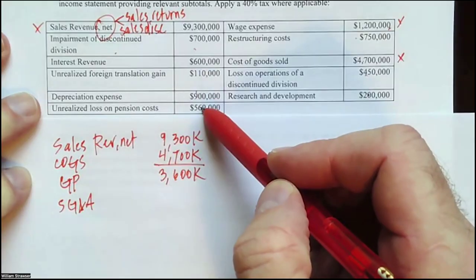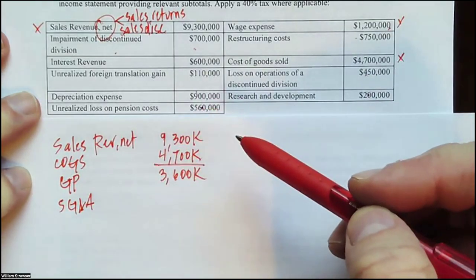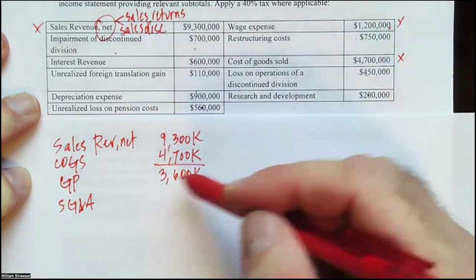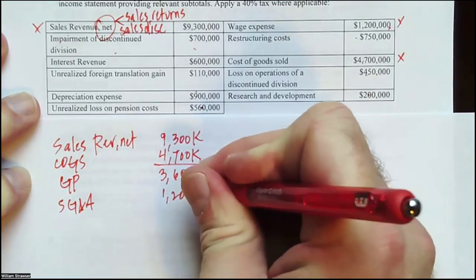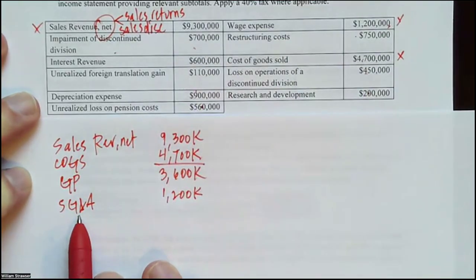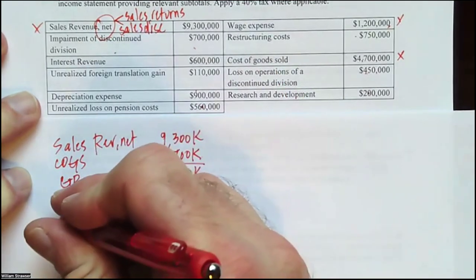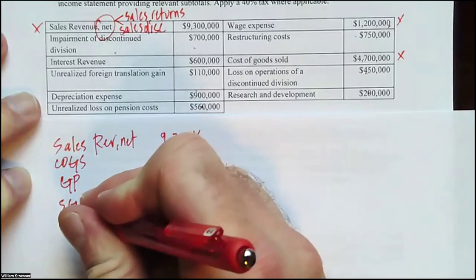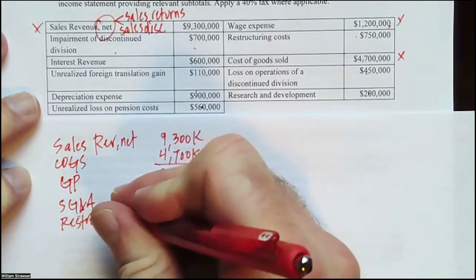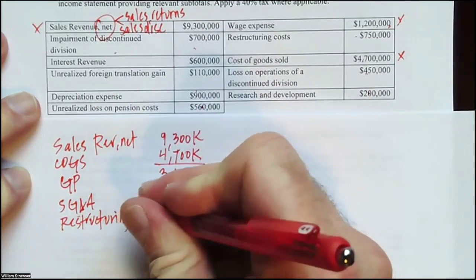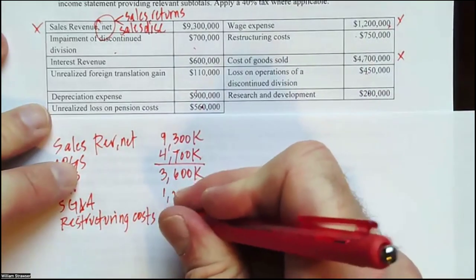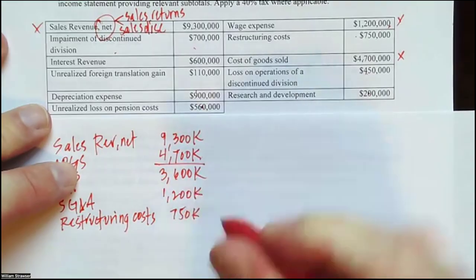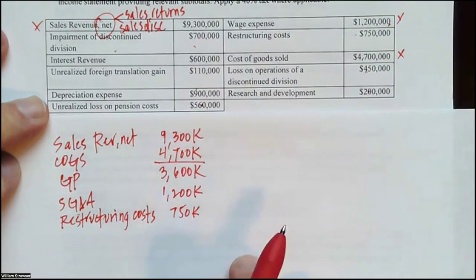And hey, that actually looks like the only thing that would be tucked into SG&A that is provided here, just that wage expense. We do have other operating expenses. Restructuring costs are operating, typically not included in SG&A for two reasons, really. One is that it's not going to be a persistently recurring expense.